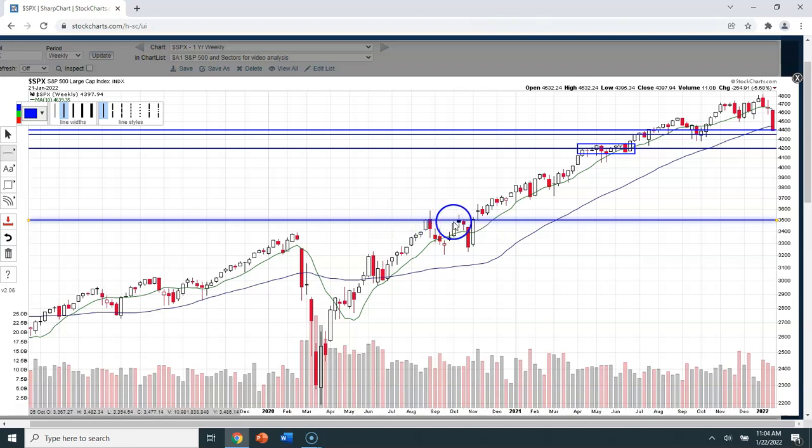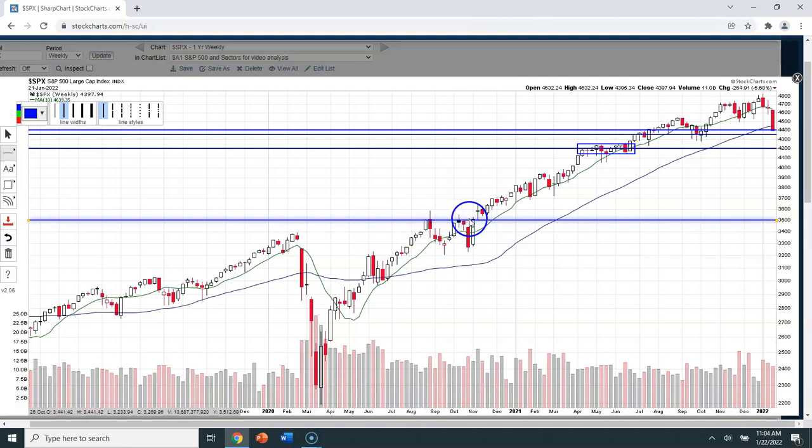If that level doesn't hold, then really we start to get into a thicker area down around 3,500, and you can see where 3,500 right here where my cursor is moving over this blue line acted as overhead resistance back in 2020, August, September, October, and then finally we broke above that in November. So that's 3,500. And really, that's one of the stronger support areas on the S&P 500 below where we're currently trading.